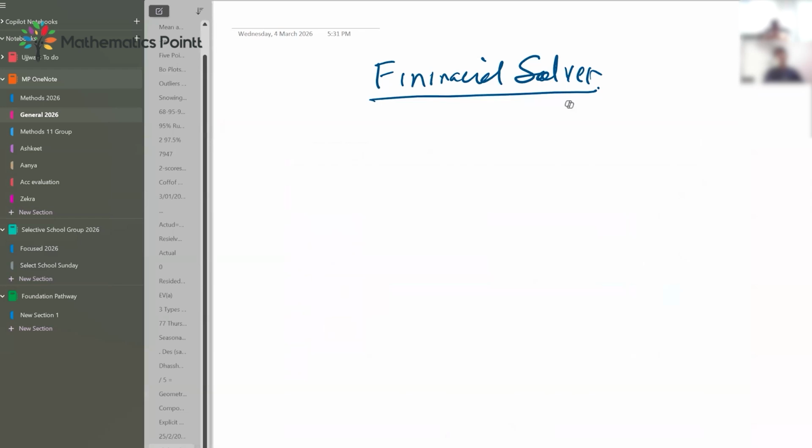So, when you open up your financial solver, why are we using it? Financial solver helps us to do calculations pretty quickly, which would otherwise require formulas that we have learned so far and that are a bit more complicated to solve.